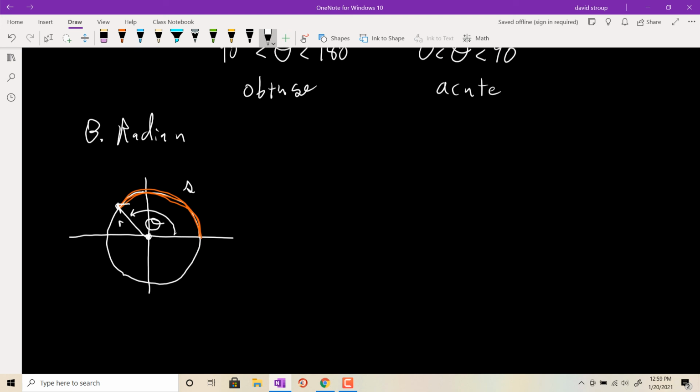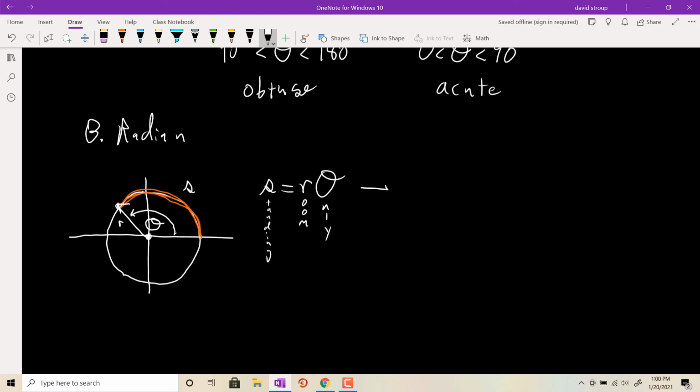There's a relationship between these variables that maybe you remember from geometry. It's the standing room only equation. So standing room only: S equals R theta. You can see arc length S, R radius, theta is the angle.